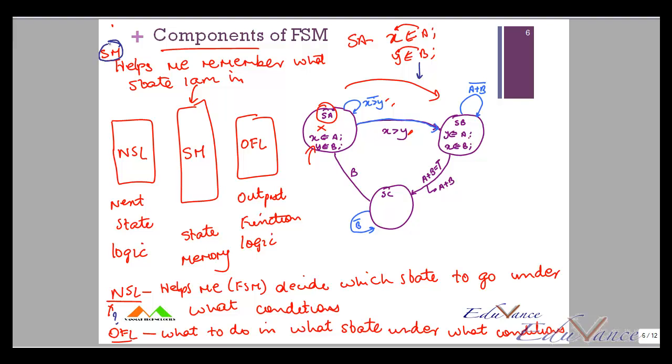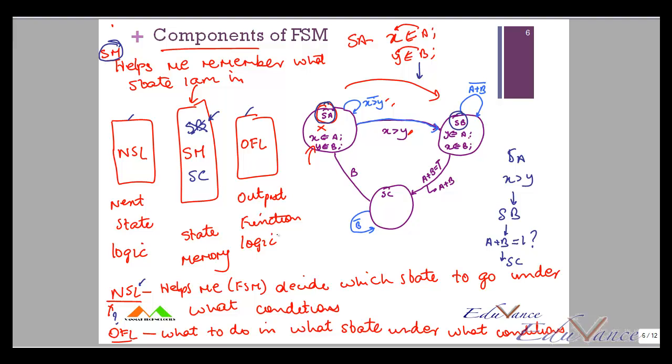My state memory helps my NSL and OFL understand, look, I am currently in state A, I am currently in state B, and then my NSL will decide, okay, I am in state A. Now I will check if X is greater than Y, then I will go to state B. So now my state memory will change to state B. In state B, my NSL will see if A plus B is 1, yes, then I will go to state C. So then my state memory changes to state C. I hope this basic concept is clear, that the three major components are the next state logic, the state memory, and the output function logic.